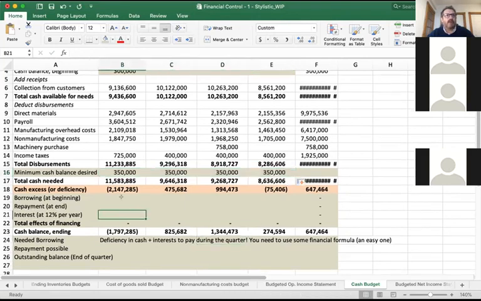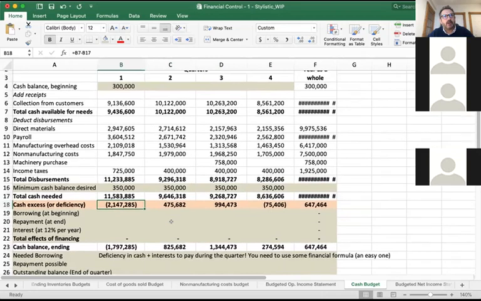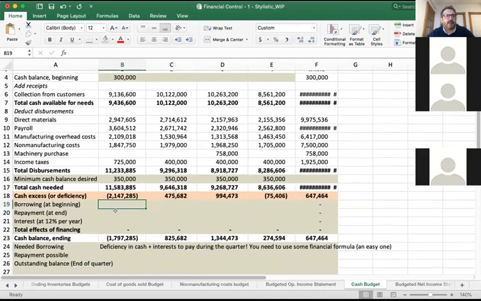Okay, so we are here. We can see that for the first quarter, we have a deficiency of cash. The problem is that we need to borrow the money, which is actually the deficiency in cash plus the interest to pay during the quarter, because the borrowing is at the beginning and the interest is at the end of the period.